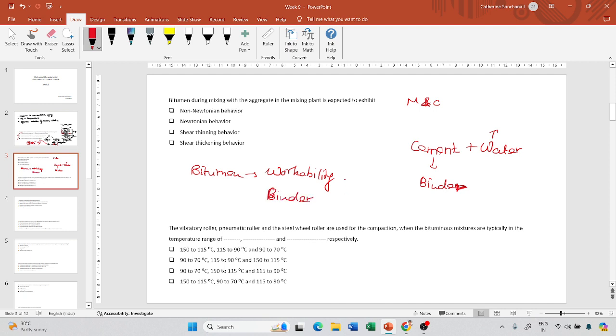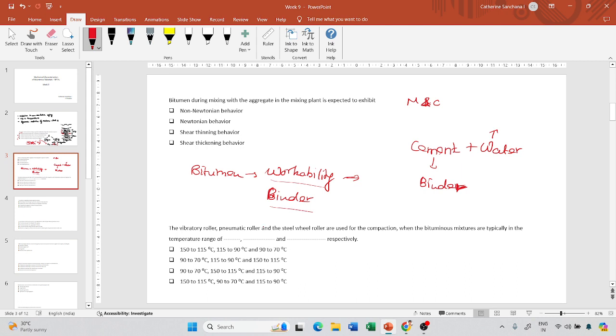So while mixing, it should be heated so that it can provide a workable mix and evenly coat the aggregates. And once it has been laid in the field, its viscosity should increase so it acts as a glue, as a binder.